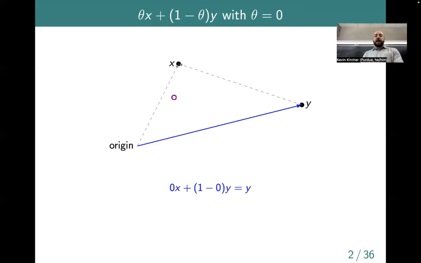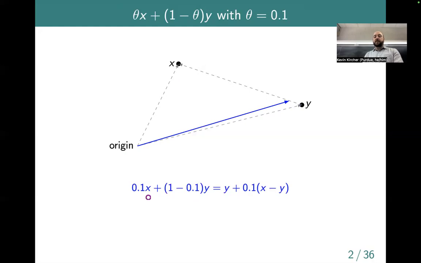All right, so with that in mind, we can get a geometric illustration of this line segment. Here again, we have the same points x and y. We have the origin over here, and this is the vector that just points to y. This is a really silly convex combination, but nonetheless a convex combination of x and y, where we have 0% weighting on x and 100% on y.